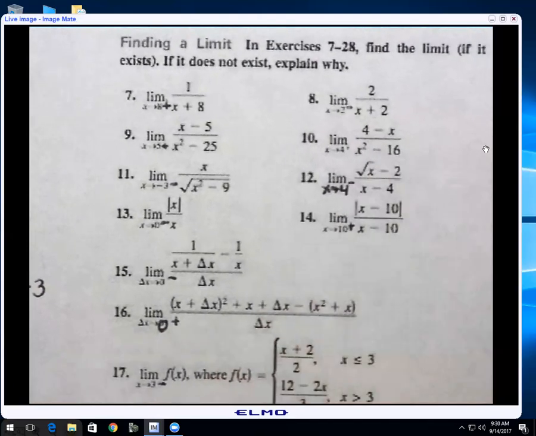If you can find the limit as x approaches C, if you can find the two-sided limit, then you don't have to worry about what the one-sided limit is. It's the same answer. Number 10, I think I need to write down.